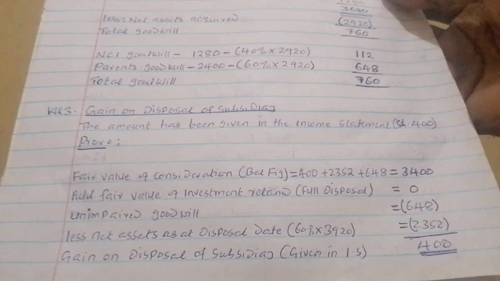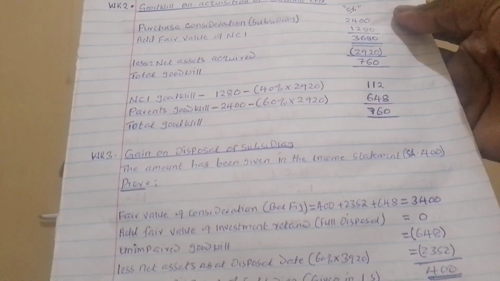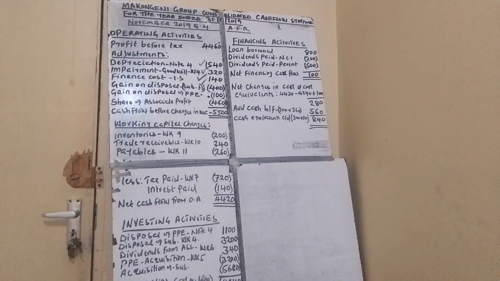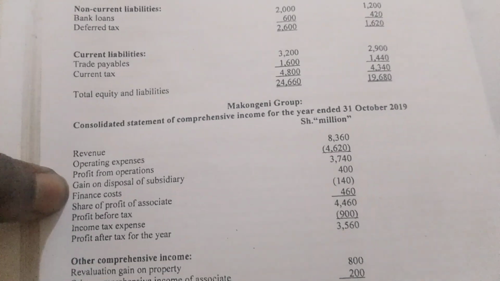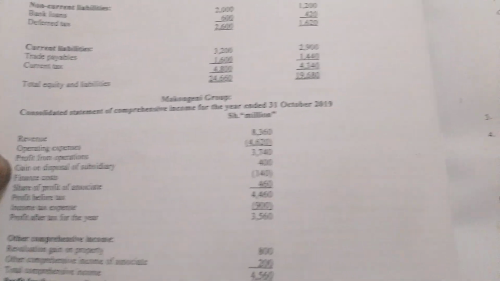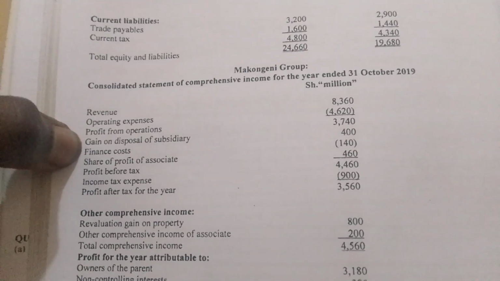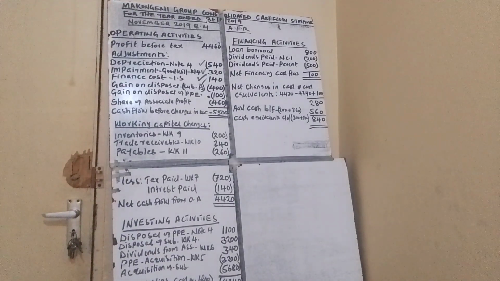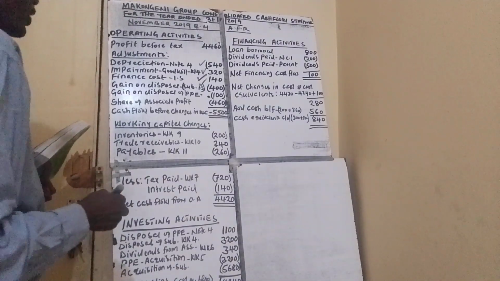Even though that figure has been given, you don't need to calculate again. Working number 3, that figure has been given in the income statement. Gain on disposal of subsidiary, you can see 400 there. That figure was given. So it was entered. Gain is entered, but does not involve actual cash movement.